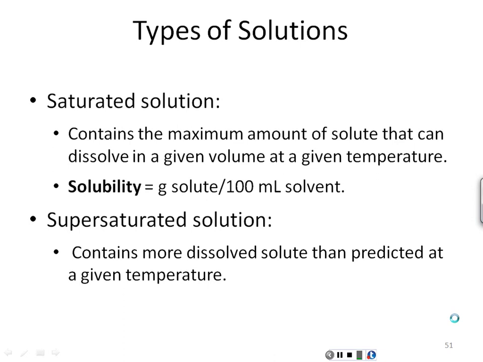We can talk about the solubility of a substance as the number of grams of it that can dissolve in a particular volume of a solvent. And a saturated solution would be the maximum amount of your solute that will dissolve. You can also have what's known as a supersaturated solution, and this contains more solute than is theoretically possible to be dissolved at a given temperature.